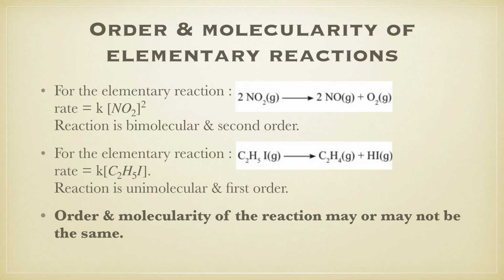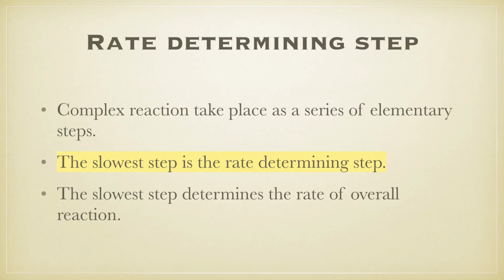Next we have to understand the rate determining step, that means the step which is important to find out the rate law expression. You know that a complex reaction takes place as a series of elementary steps. The slowest step in the complex reaction is said to be the rate determining step.